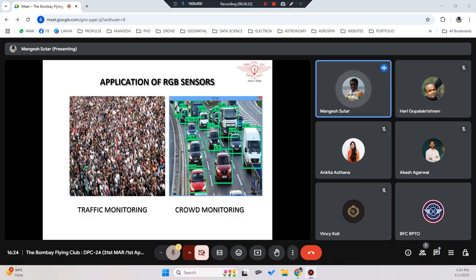Or maybe the insulator is broken, damaged, or missing itself. All these things they wanted to find in real time.